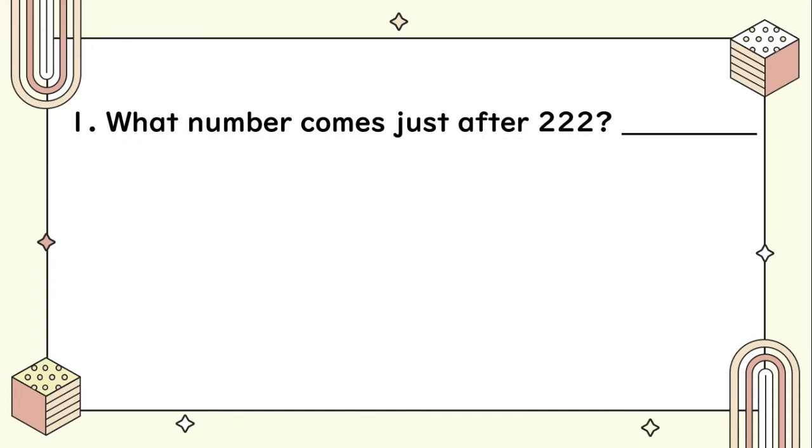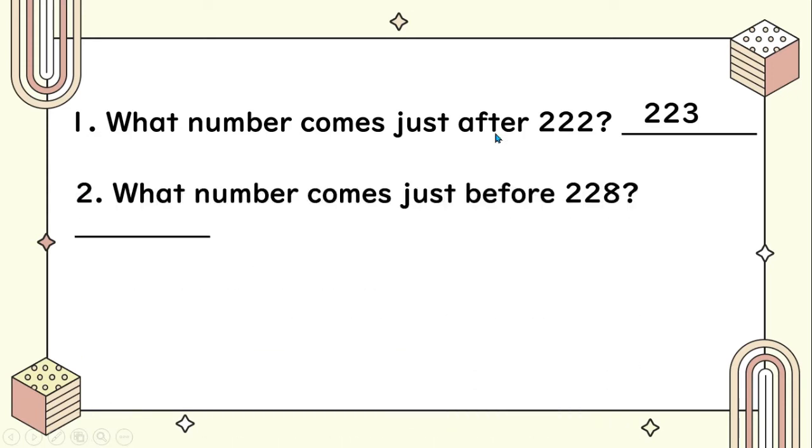So now, let me ask you this. What number comes just after 222? Very good. It's 223. It's because of the word after. Okay, next question. What number comes just before 228? And the answer is 227.